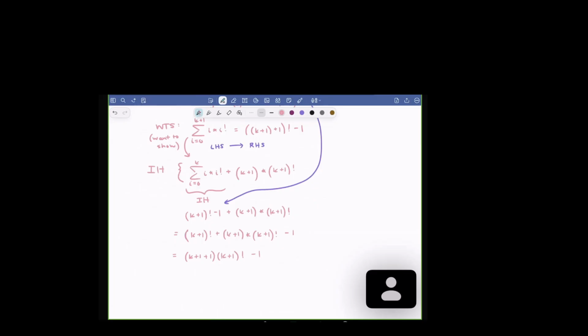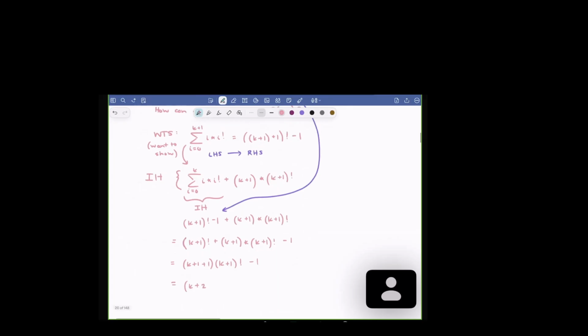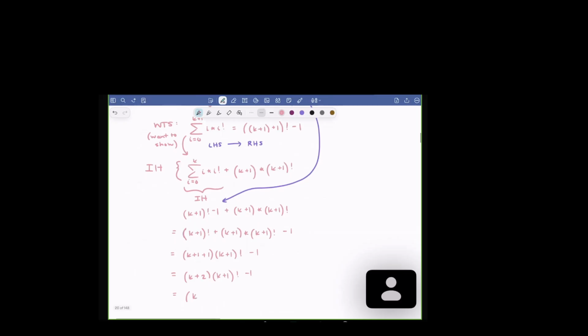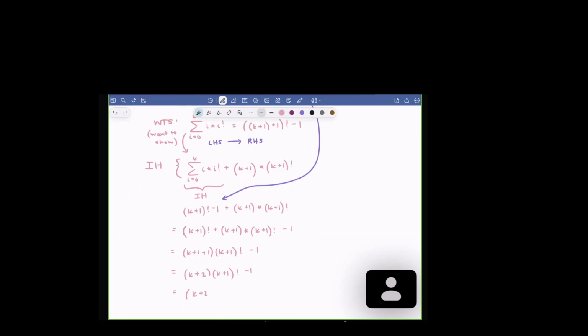Please feel free to stop me if you have any questions. This would just be (k plus 1) factorial minus 1, and k plus 2 times k plus 1 factorial is just k plus 2 factorial, right?